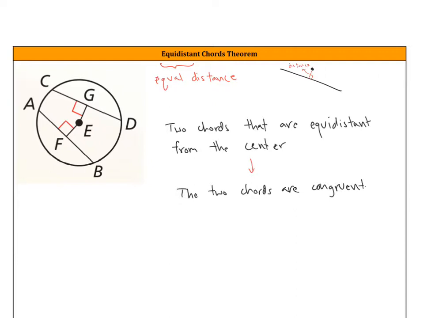So if these two segments, GE and FE, which again represent the distance of the chords from the center, if GE is congruent to FE, then the conclusion we can make is that our two chords, AB, is congruent to CD.